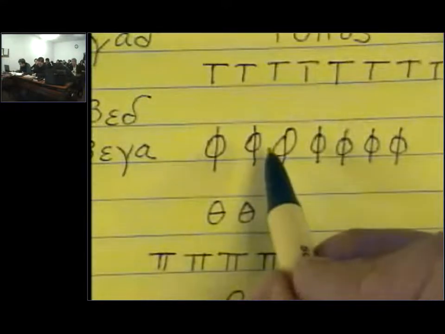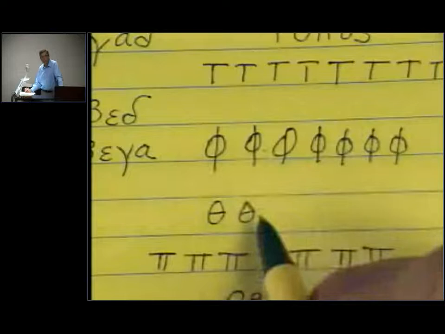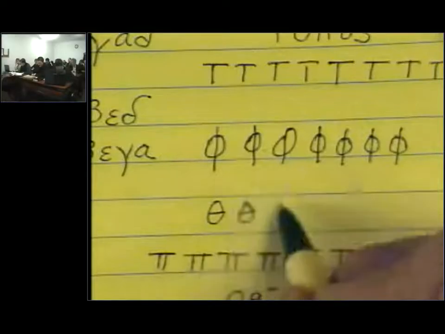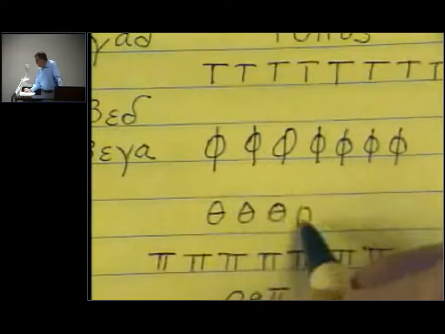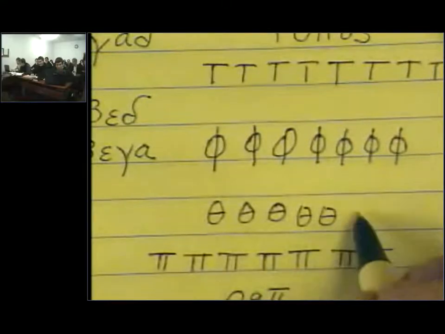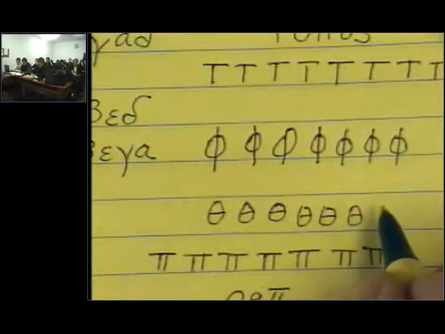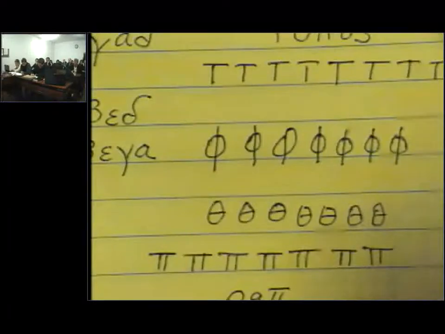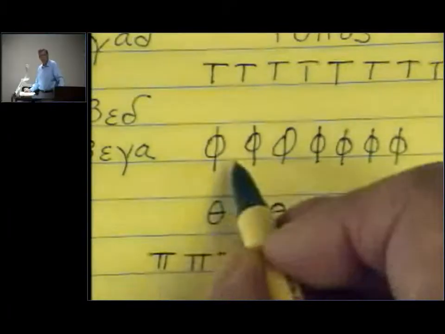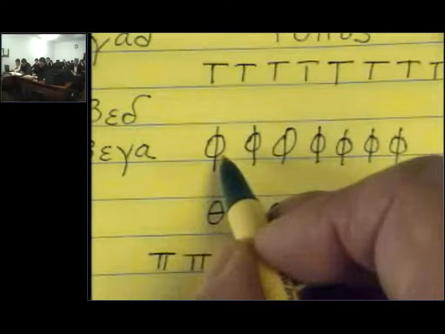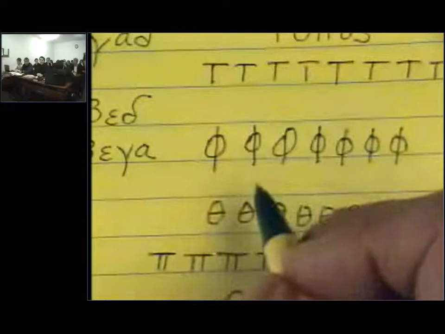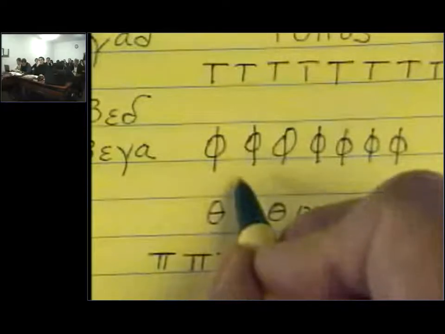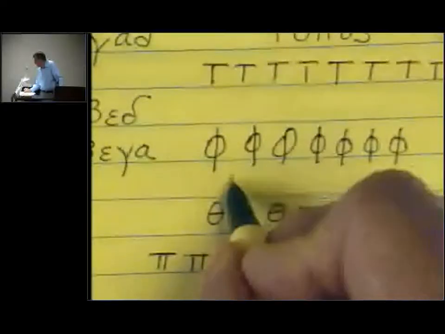So this is phi and this is theta. And theta is with the line through it, like this. Theta. And this is phi. And theta.